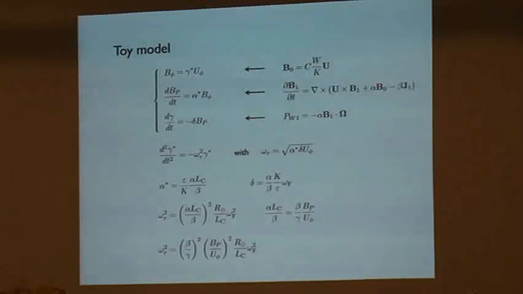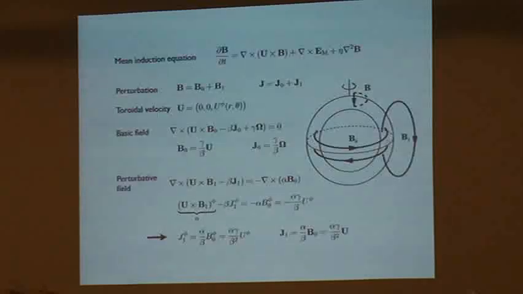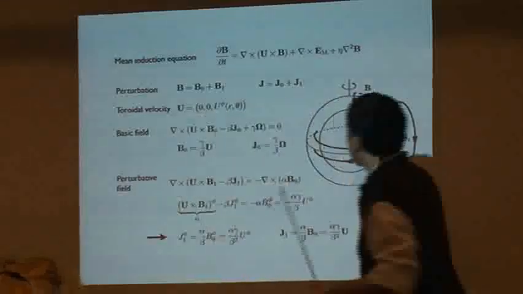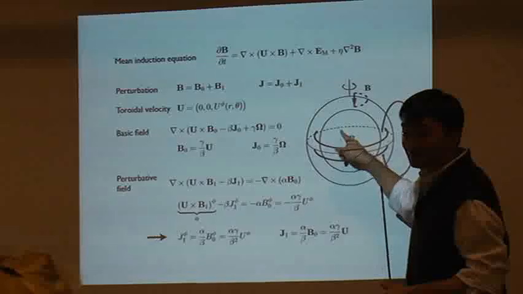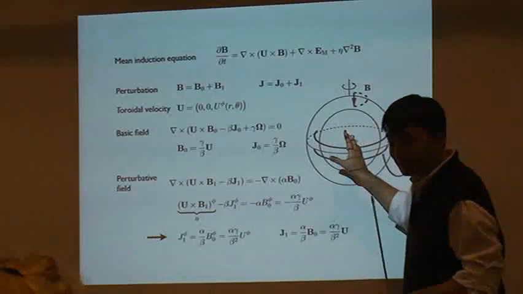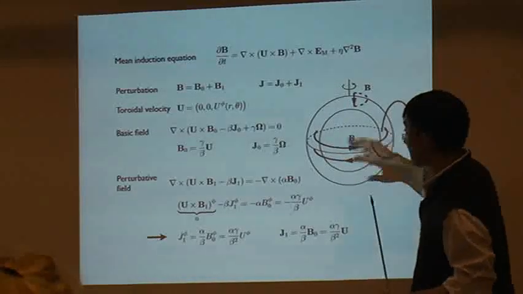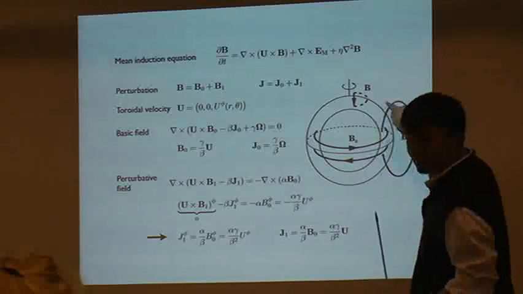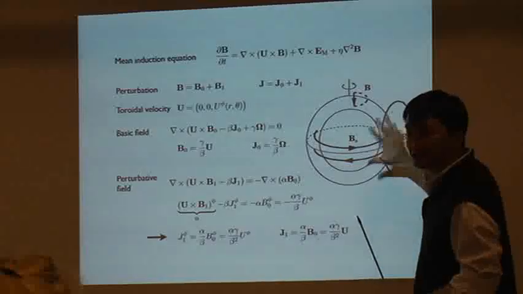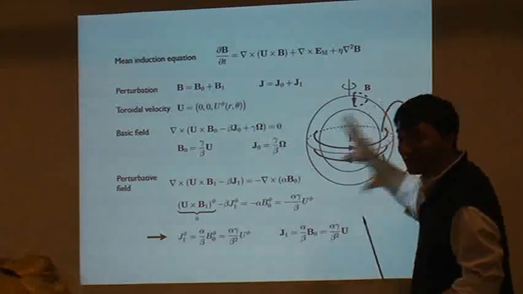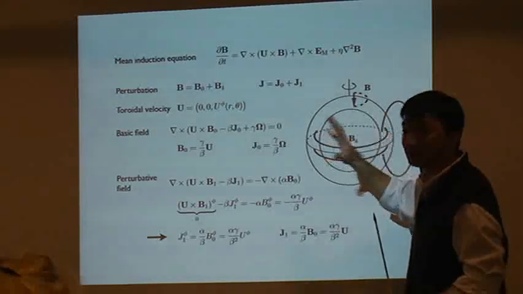The point is that, as I mentioned, first we have some toroidal magnetic field due to cross-elasticity effect. Then we consider perturbative alpha effect. Then we have a perturbation field. This perturbation field works for negative production of cross-elasticity.